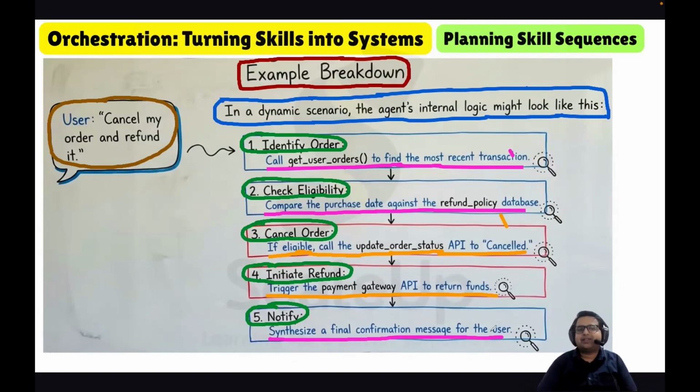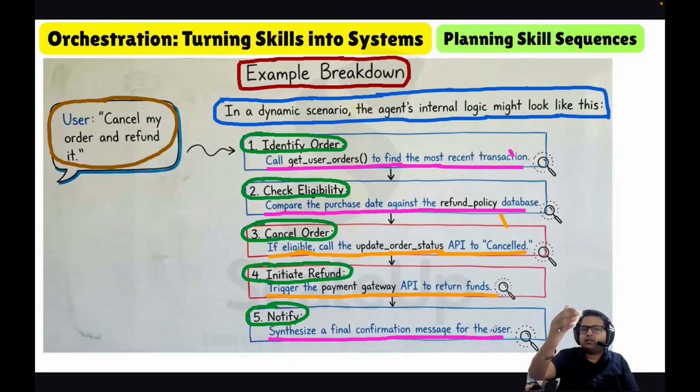So we had a task: cancel my order. This is what the user wants: to cancel the order and get a refund. Planning is the how, how we will achieve that, step by step. So in planning, two things are there: goal decomposition and sequencing, ordering.